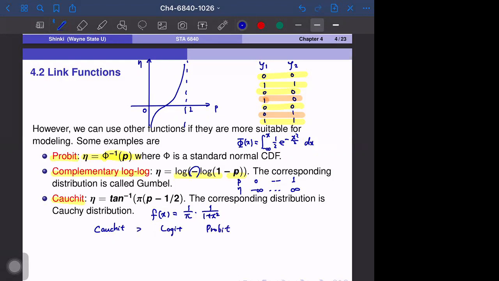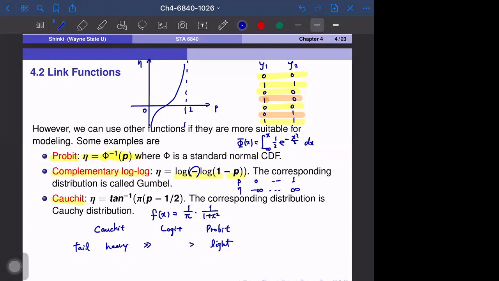And the tail is heavier. And the normal distribution, the tail is lightest. And the logit is in the middle, but rather it's closer to the probit model.